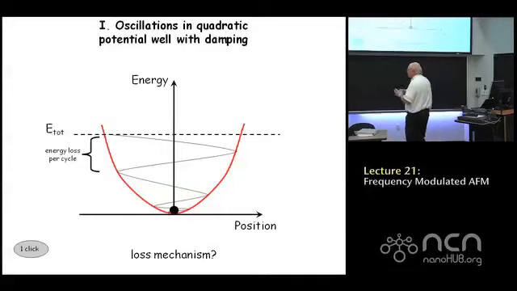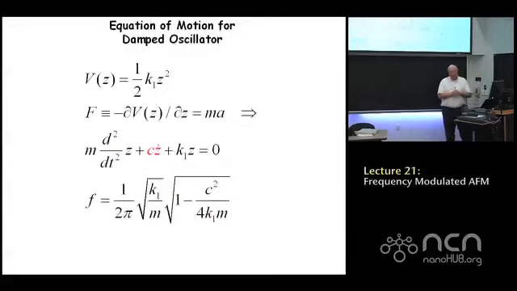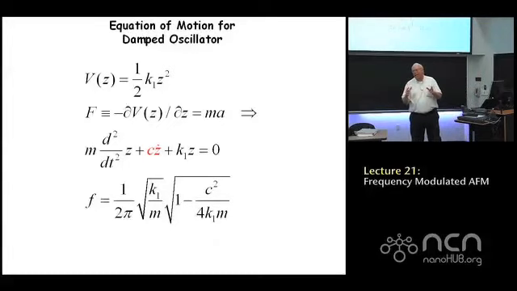We're not specifying what the loss mechanism is, we're just saying that there is one. So the implication of this model is that a new term has to be included in the differential equation. This new term is now an energy loss term, which is indicated by the red term that's added to the equation.